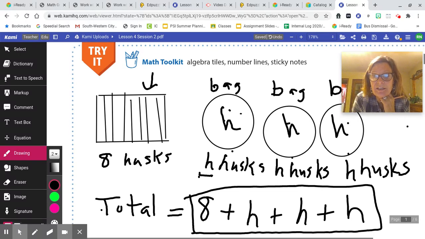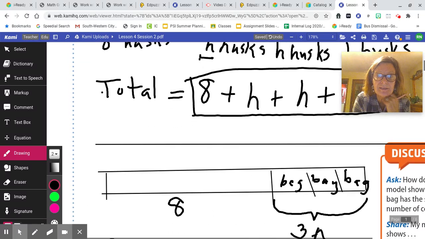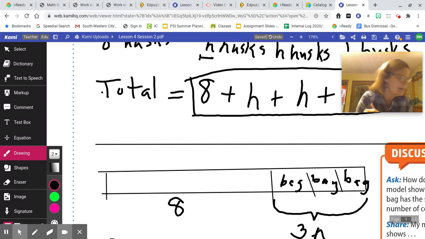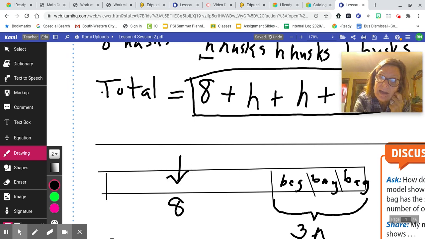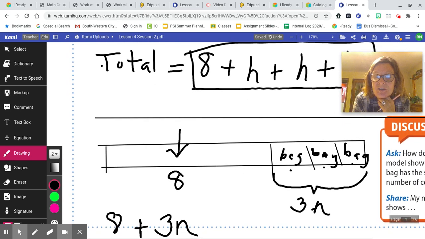Now, I could have done it in another way. I could make it look like this. And in this case, we have the 8 husks right here. And then we added 3 bags. Do I know what's in each of those bags? No, I don't. So I'm going to say n is my variable, the number that's in each of those bags.